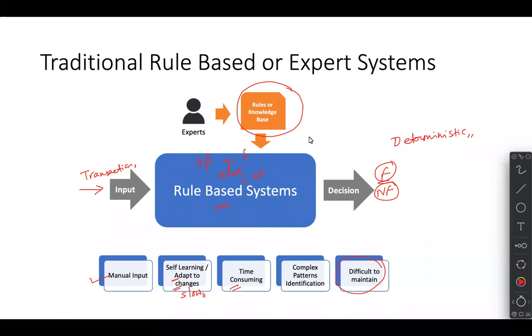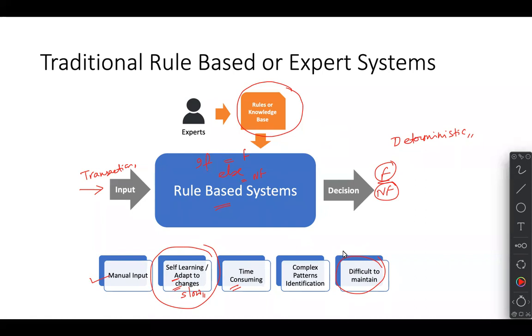So over a period of time, there'll be hundreds of if-else rules, and it will be very difficult to maintain those manually. So the two key challenges of course are adapting to changes, because today the business context changes very quickly, and organizations want to adapt to the changes as soon as possible to eliminate risk.